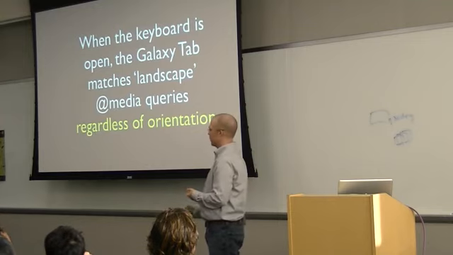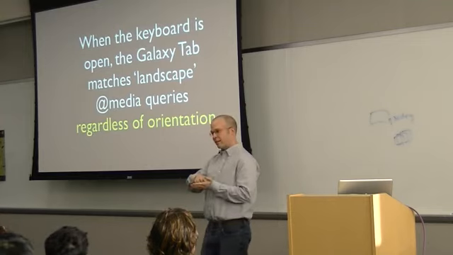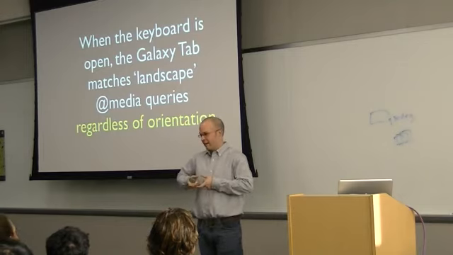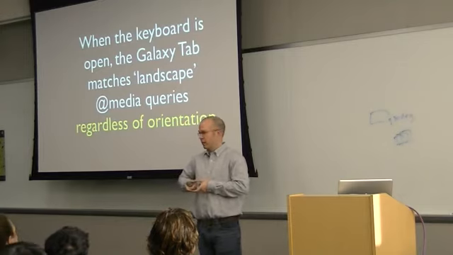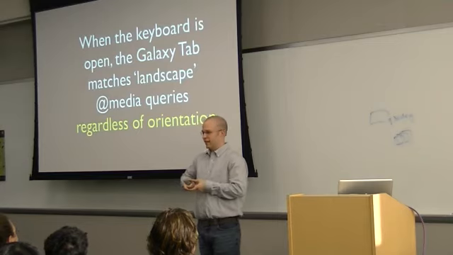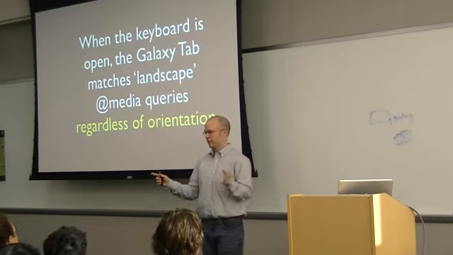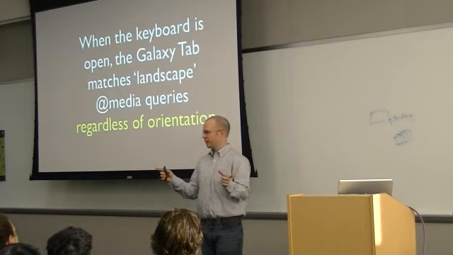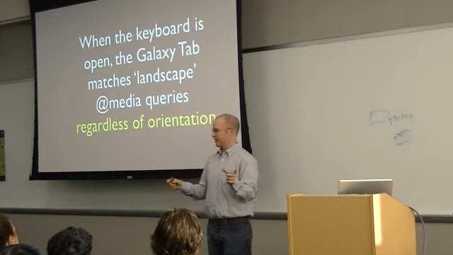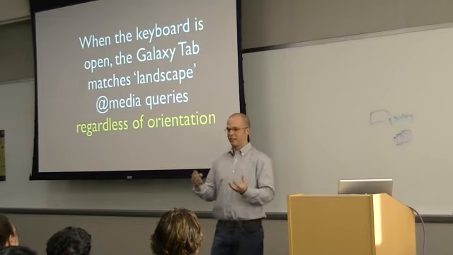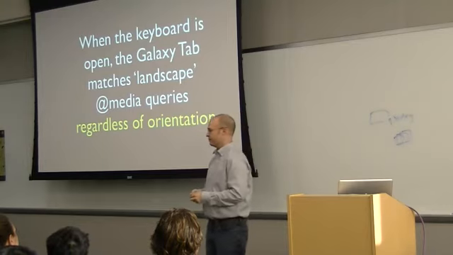But unfortunately, when you open the virtual keyboard on the Galaxy tablet, the inner height of the viewport is going to be shorter than it is wide, and it's going to trigger a landscape media query. So if you have two different layouts, a layout for portrait and a layout for landscape, the moment you open the virtual keyboard, the device is going to be helpful and switch your layout to landscape, and it's going to go crazy, and then the keyboard closes, and you might be getting a lot of bugs and a lot of pissed off users.